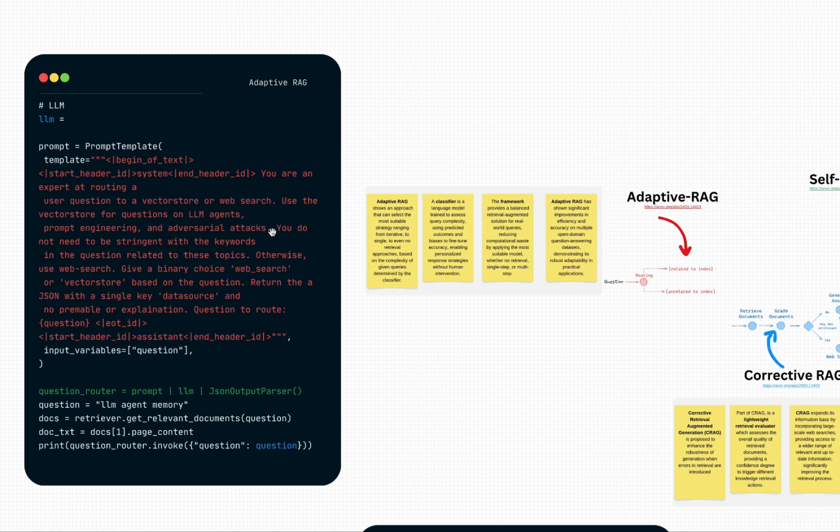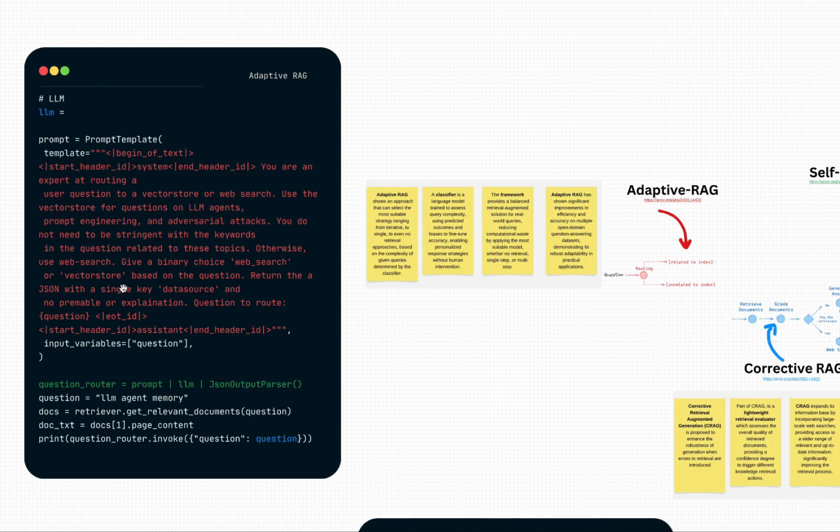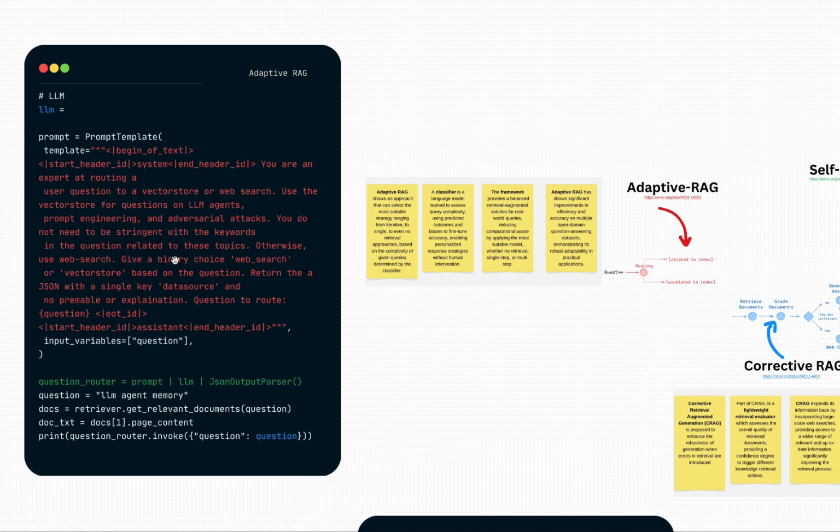Because our data will be about prompt engineering, LLM agents, and attacks, use this for questions on these topics, and you will do this within these keywords. If it is not related, we will do the web search.